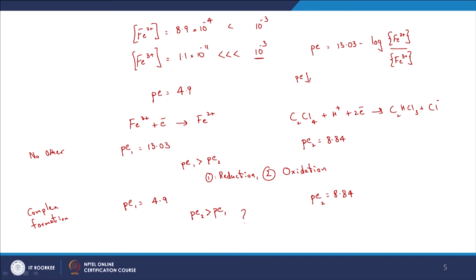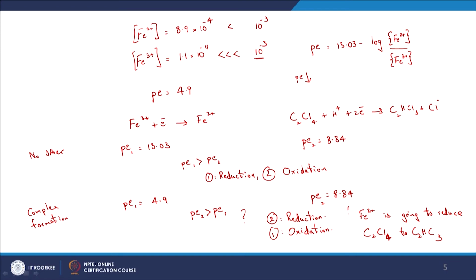So, 2 would go through as reduction, while 1 would go through as oxidation. And again, what does that mean? That more or less means that Fe2+ is going to reduce C2Cl4 to C2HCl3.